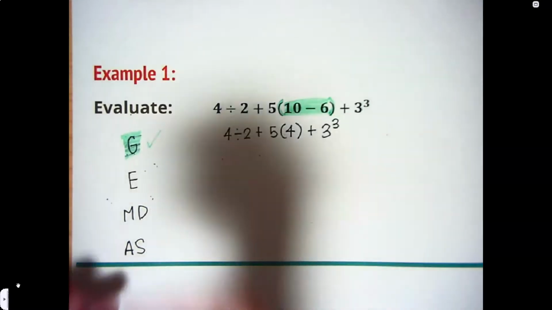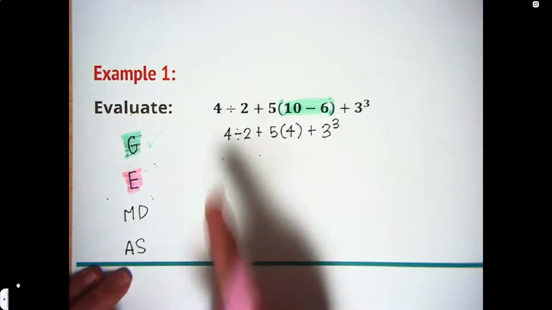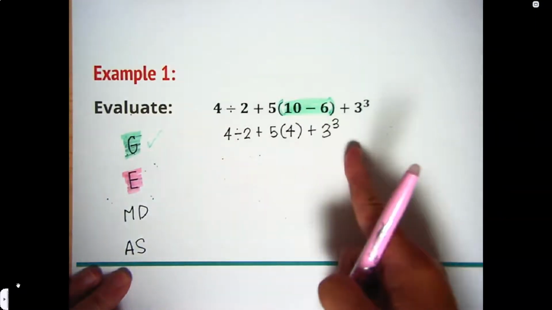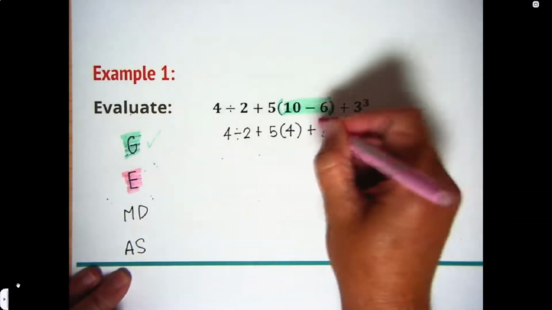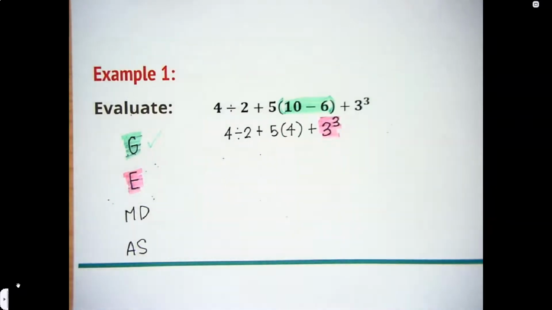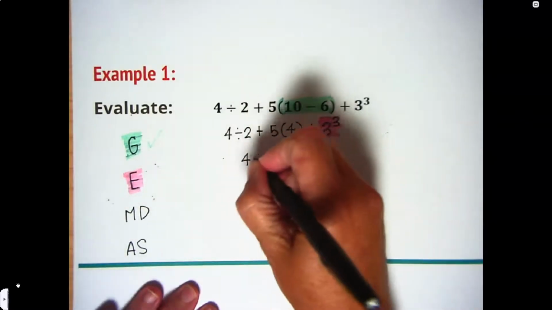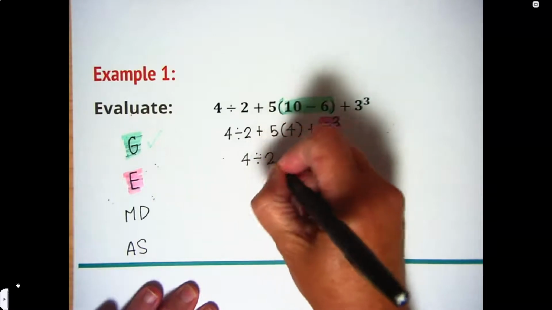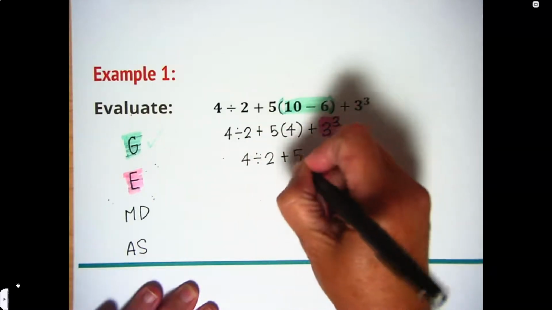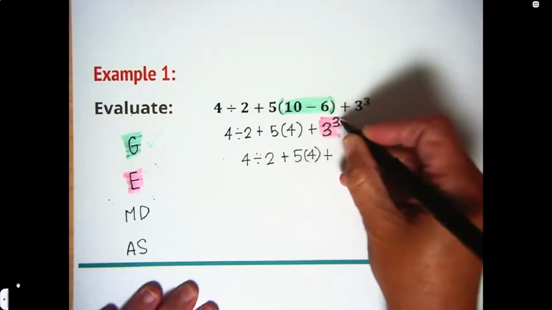Now move down to the next level of the pyramid. I'm supposed to be looking for exponents. As I look across this problem, I do see an exponent, so the next thing I'm going to tackle is that 3 to the third power. Starting from the beginning, I've got 4 divided by 2 plus 5 times 4 plus 3 to the third power.